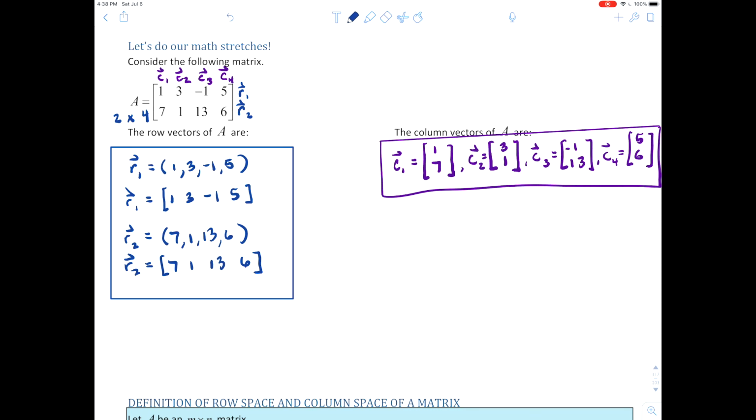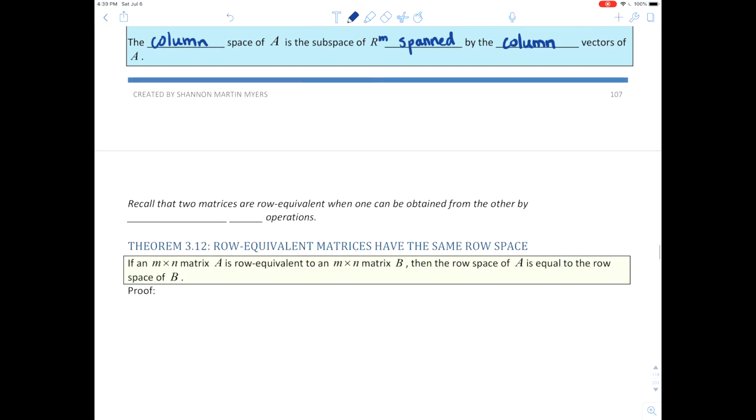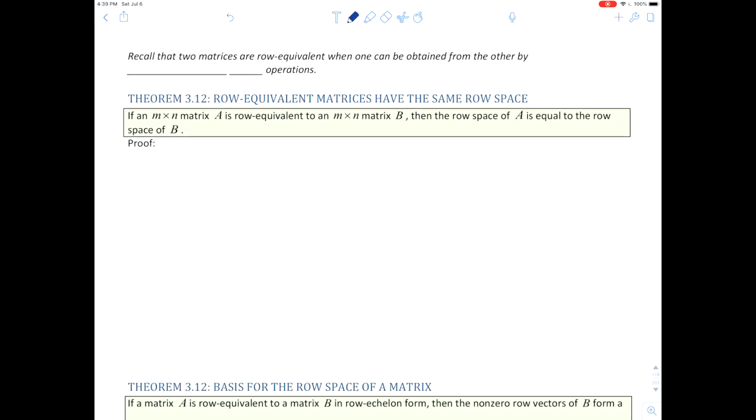So you have to have 4 entries in your row vectors. Whereas in the column vectors, it is true that you have 4 columns, but each of the vectors has 2 entries, because you have 2 rows. Cool? A lot of times people confuse that a little bit.